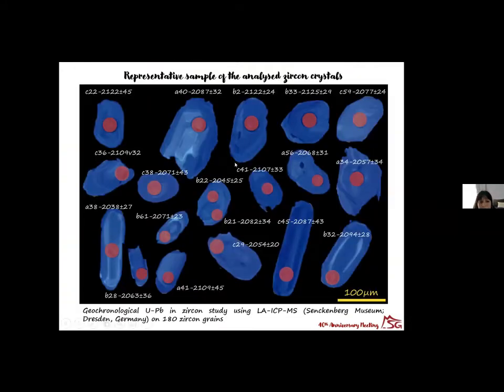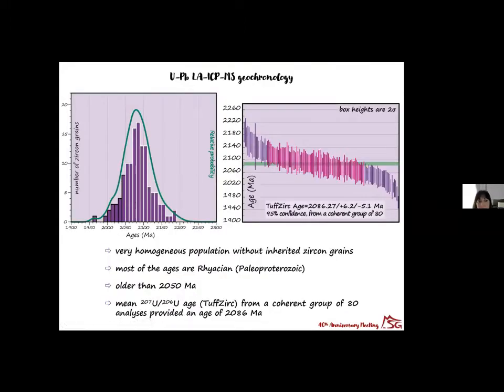We performed a geochronological uranium-lead study in zircons using laser ablation. And here you can see a representative sample of the zircon crystals that we analyzed, which exhibit the classical oscillatory igneous zoning. We found that these data reflect a very homogeneous population with no inherited ages.